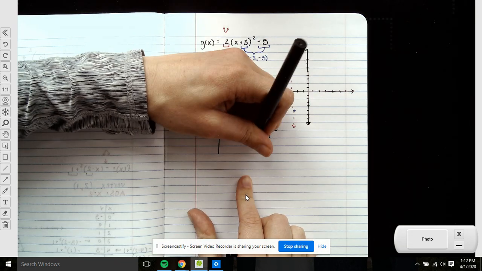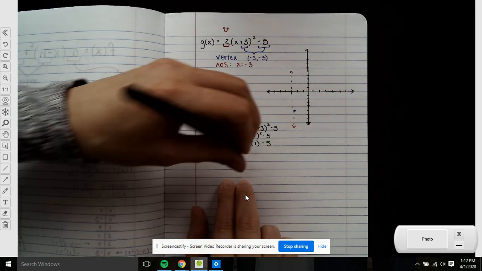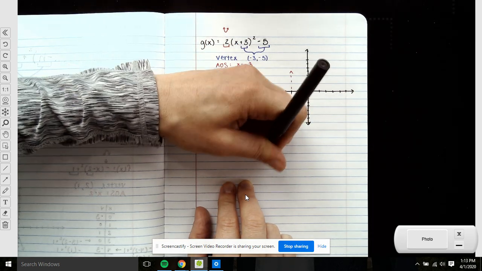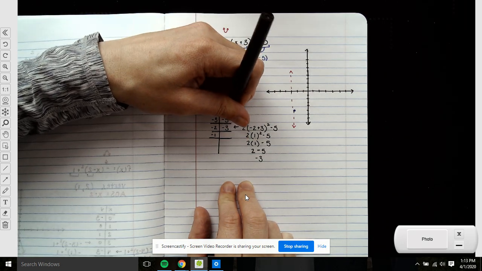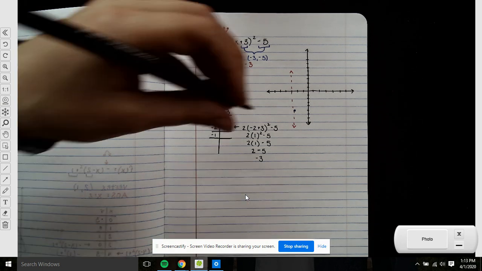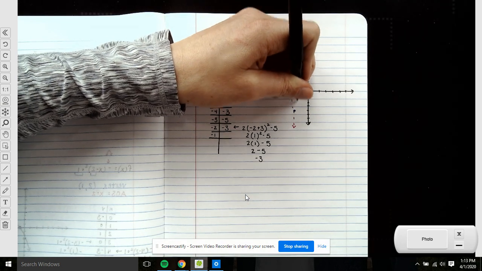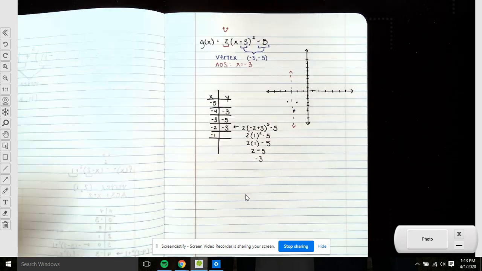So this is just 2 times 1 minus 5. Multiply these first. 2 minus 5, and I get negative 3. Using my axis of symmetry, I also know that negative 4 would get me a negative 3 as well. So I go over negative 2 comma negative 3. Use my axis of symmetry, and there we are.